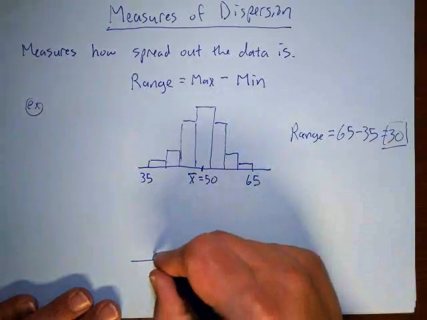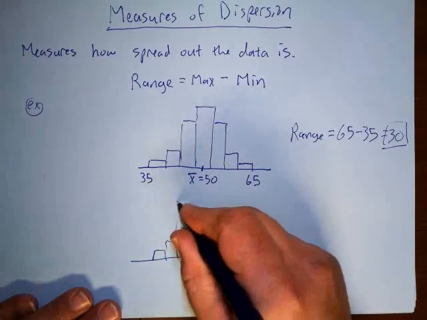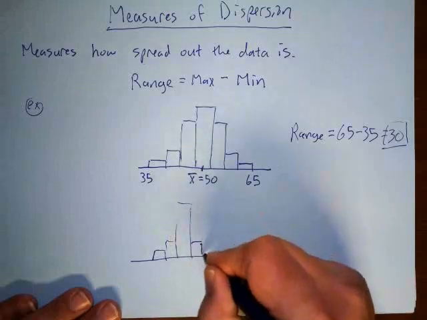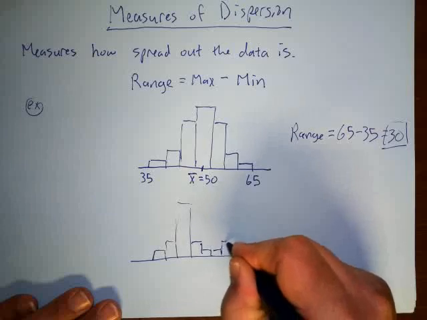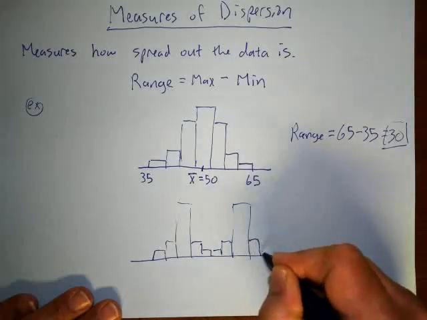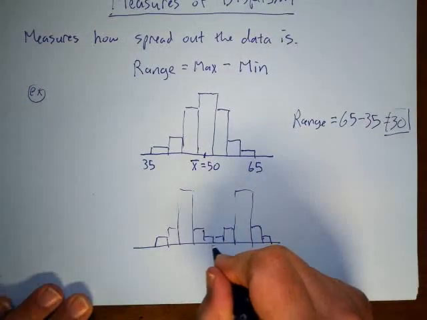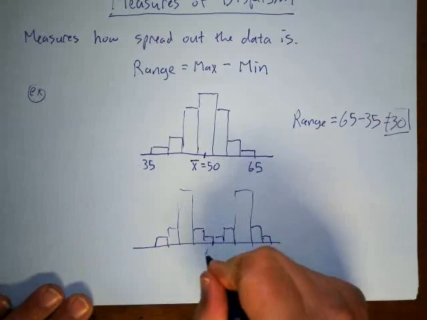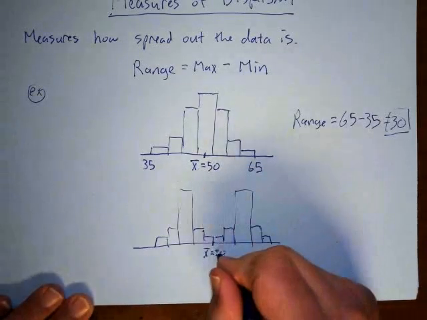So let's say I have a data set that looks something like this. And let's say again the mean here is 50. Remember, X bar is the symbol for the mean.